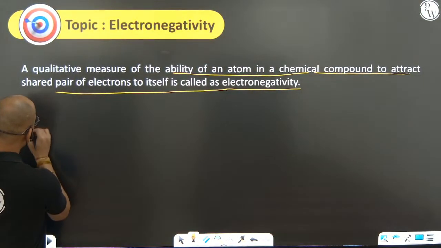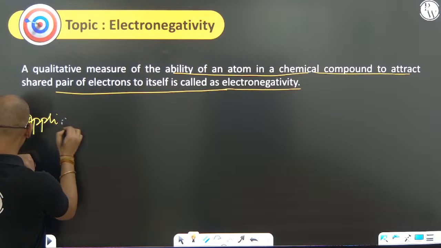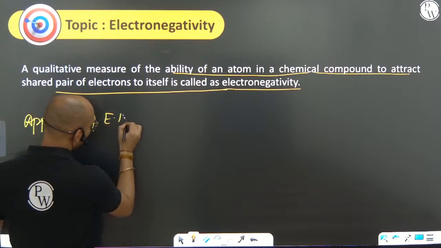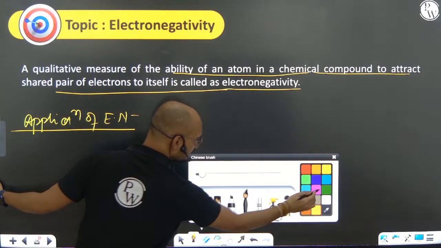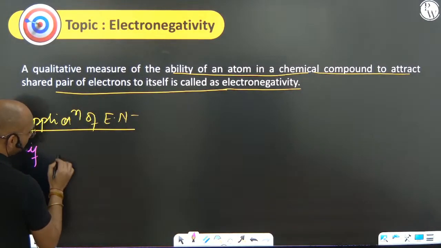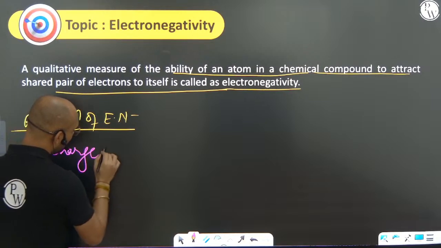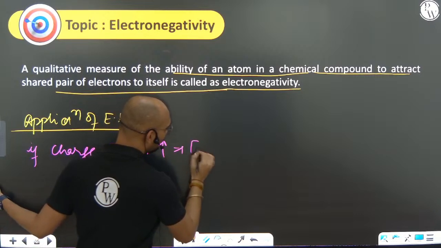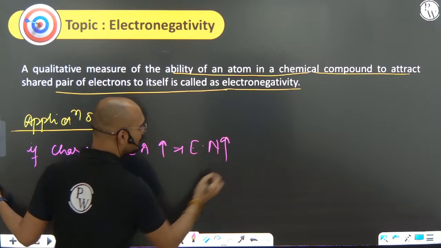Something very important is the application of electronegativity. Always keep in mind these applications. If the charge on the central atom increases, electronegativity also increases.